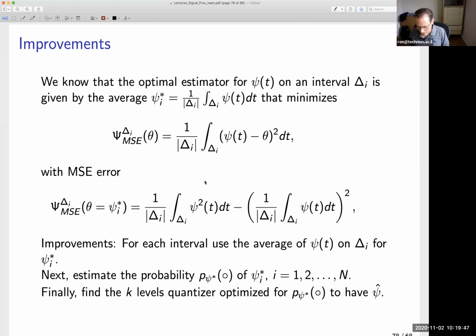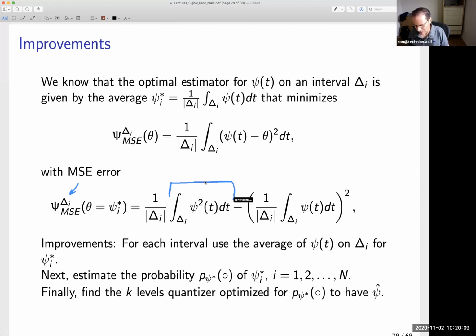Okay, so inside each and every interval, the estimation error looks like that. We've seen it in lecture 1. It would be the energy of the signal.